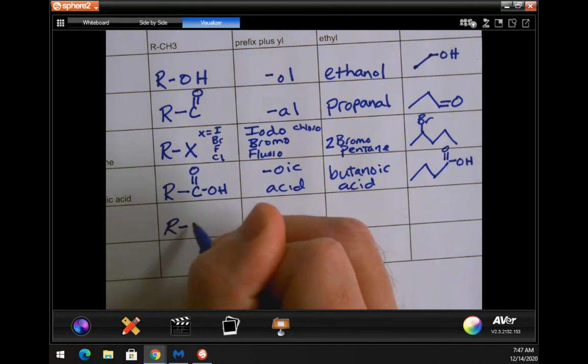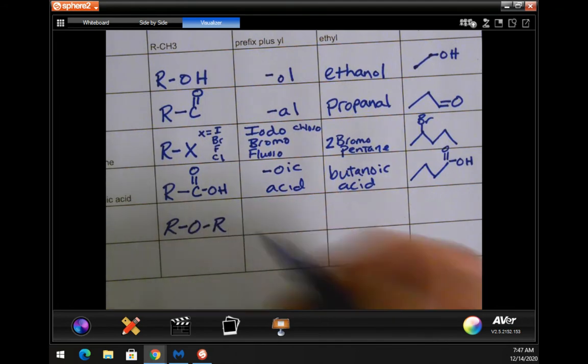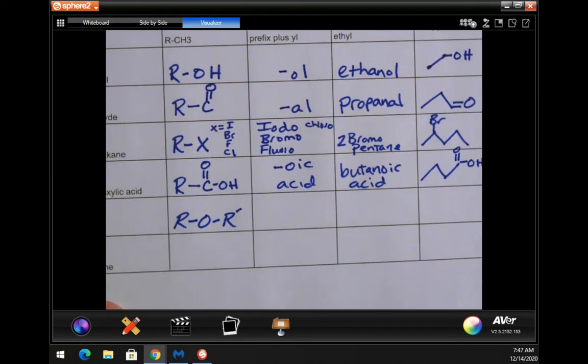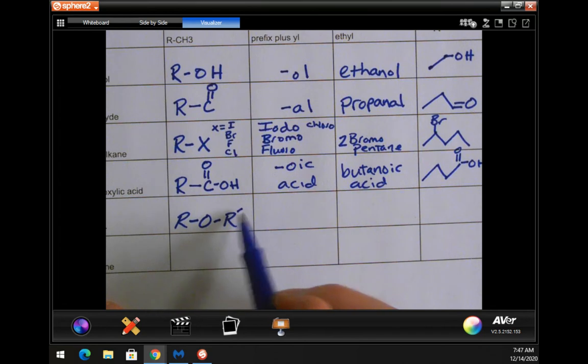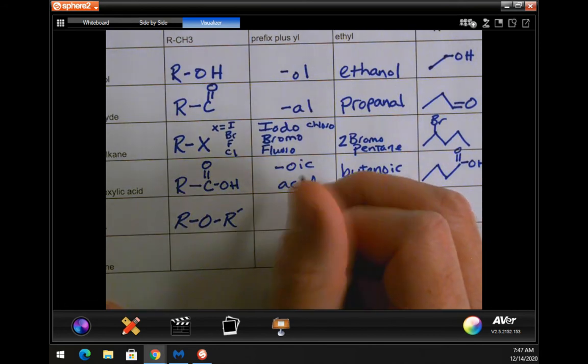Ethers are written like this. A lot of times you see a little symbol, I think it's called prime. I don't know what that's called actually, but that little symbol up there just means that it can be a second kind or a different kind. It could be the same thing, a methyl and a methyl, or an ethyl and ethyl. It's just saying that they're two different R's.